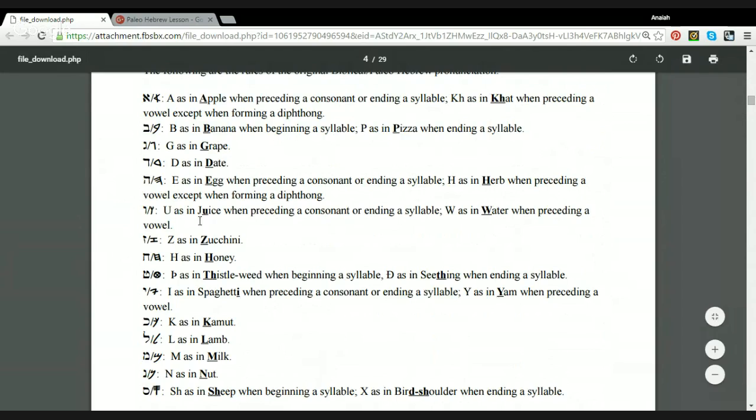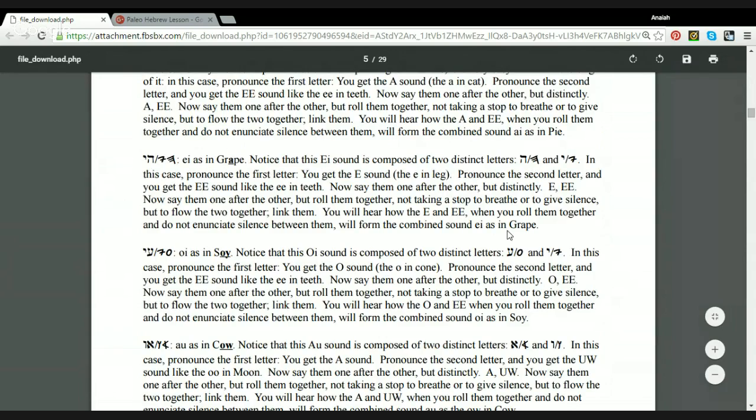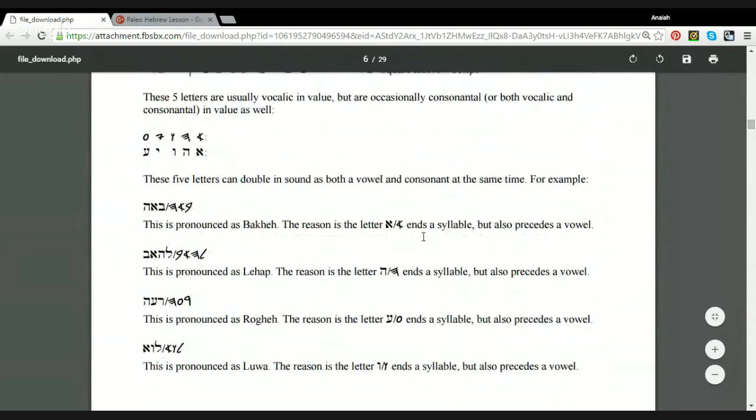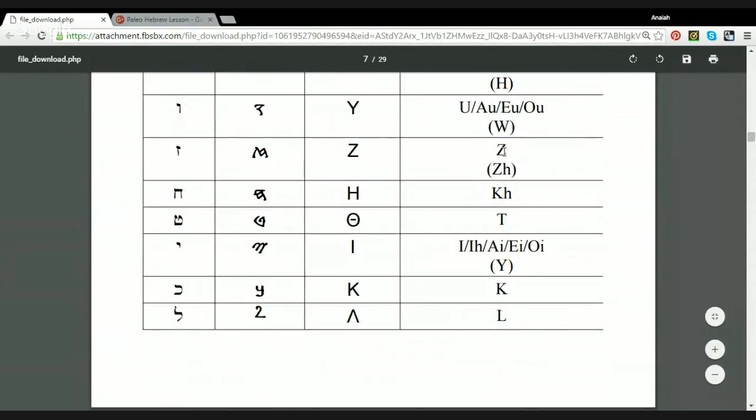So it's Z when, no, wait, I'm sorry, that's the wrong one. Z when beginning a syllable, ZH when ending a syllable, okay? So this is the Aramaic. When beginning, when ending. All right.